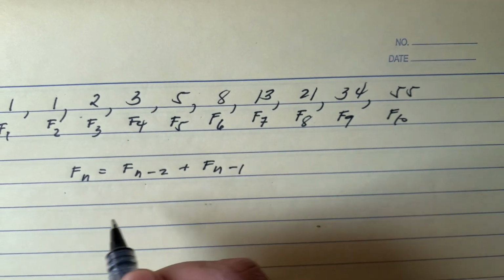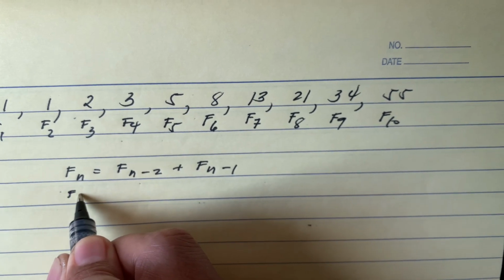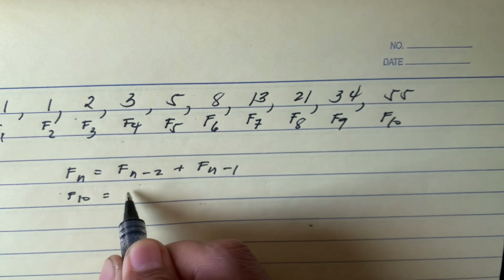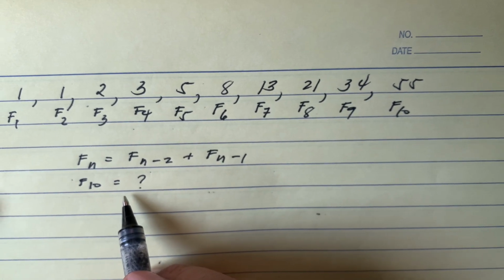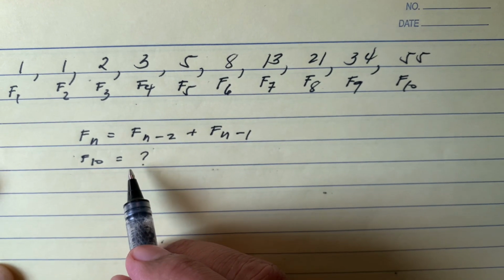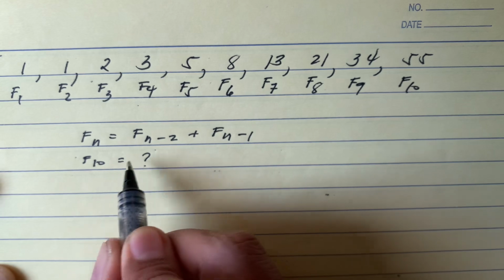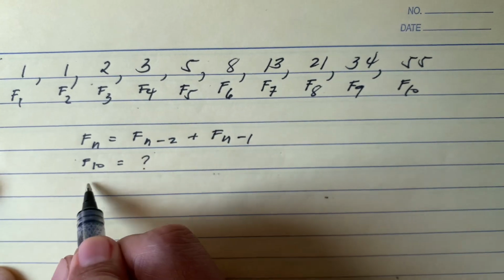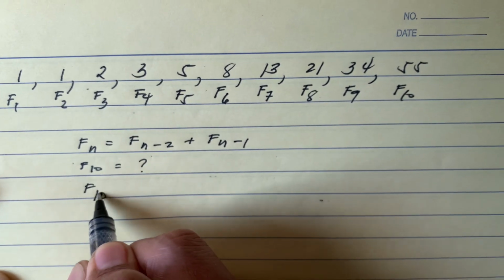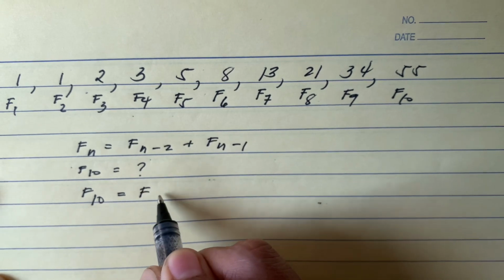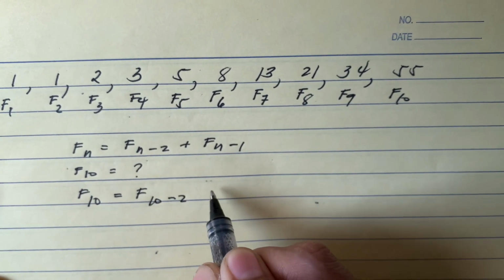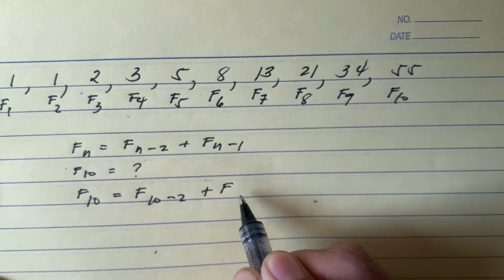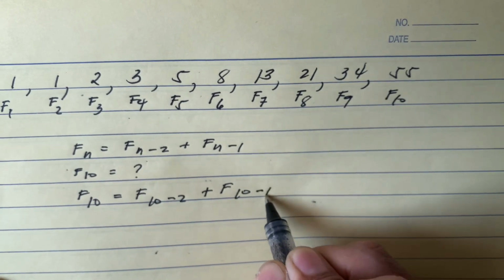For example, we are going to find out our 10th element of this Fibonacci number. So how do we find out our 10th term of this Fibonacci number? It can be found out by simply using our formula. So we have our 10th Fibonacci number. We have here F sub 10 minus 2 plus F sub 10 minus 1.